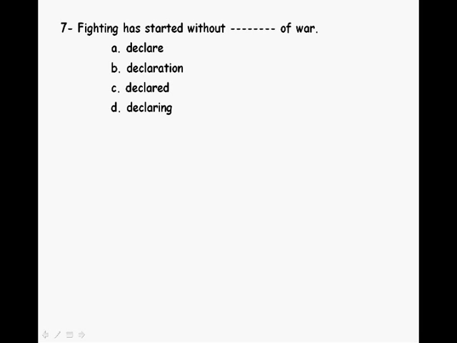Which of these words is a noun? Yeah, you became very good. It's the word ending in tion. Remember the suffix that we use in order to change a verb into a noun. So then the answer is going to be B, declaration. Excellent. Very, very good.